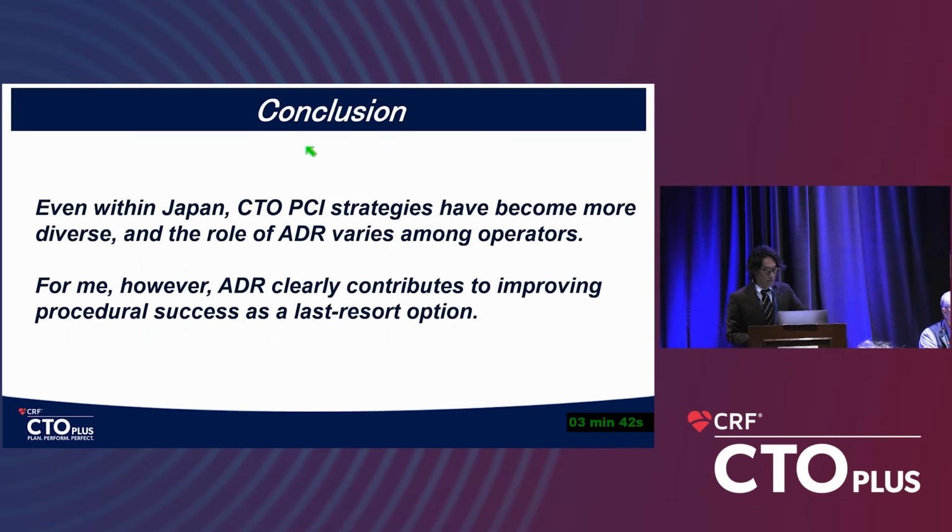In conclusion, even within Japan, CTO PCI strategies have become more diverse, and the role of ADR varies among operators. For me, however, ADR clearly contributes to improving procedural success rate as a last resort option. Thank you for your attention.